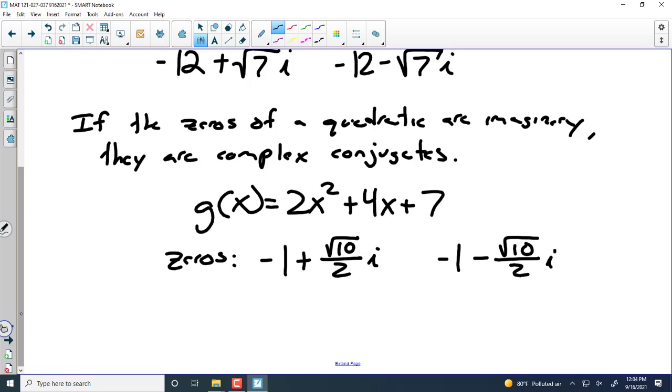They always come in those conjugate pairs. Well, what I'm kind of saying is if you know one, you know the other one.